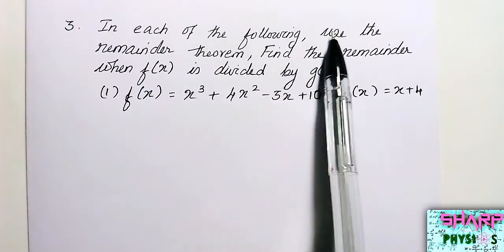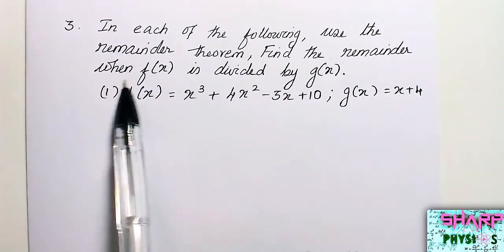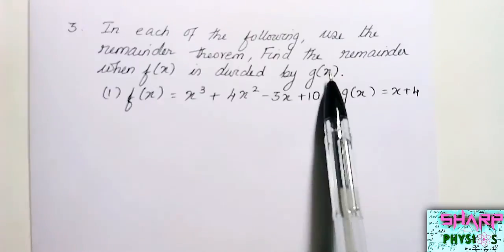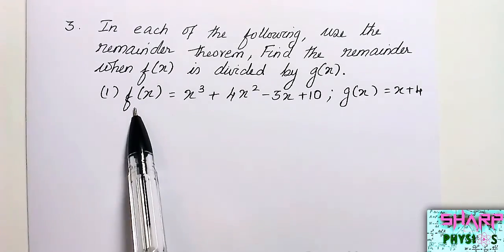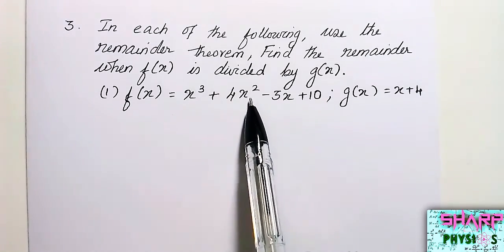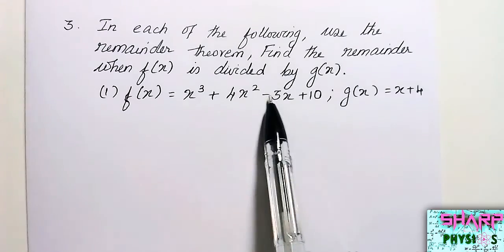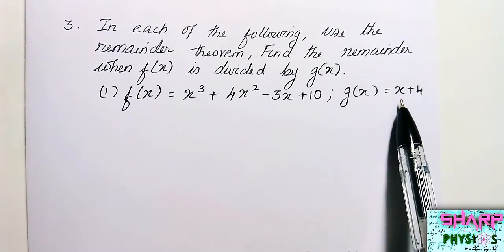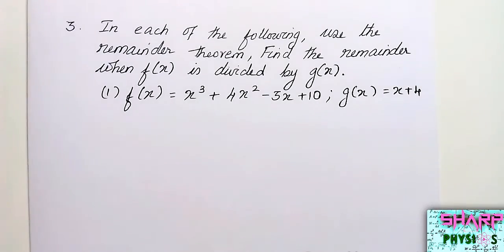In each of the following, use the remainder theorem. Find the remainder when f of x is divided by g of x. So f of x is equal to x cube plus 4 into x square minus 3 into x plus 10. G of x is equal to x plus 4.